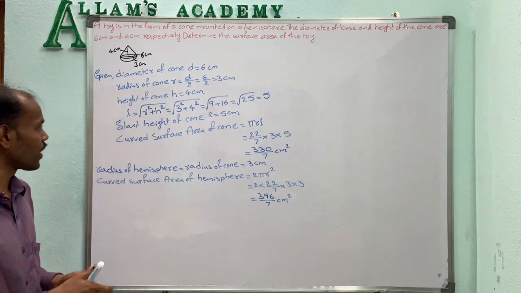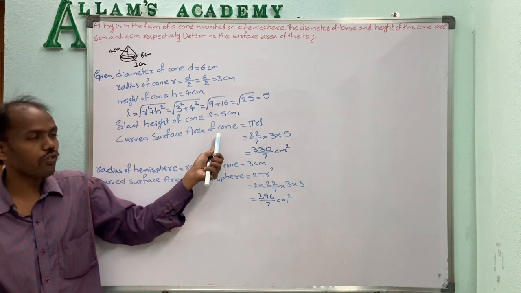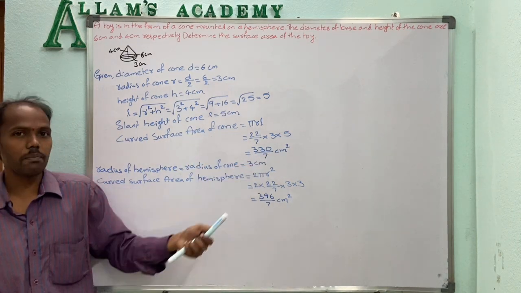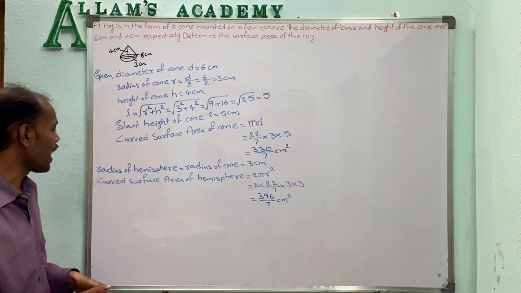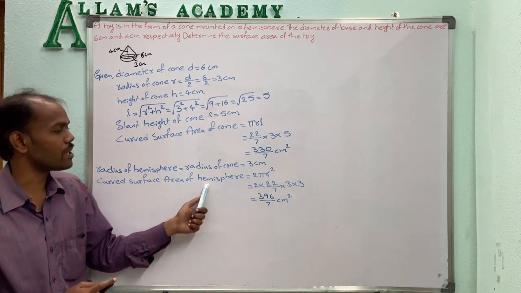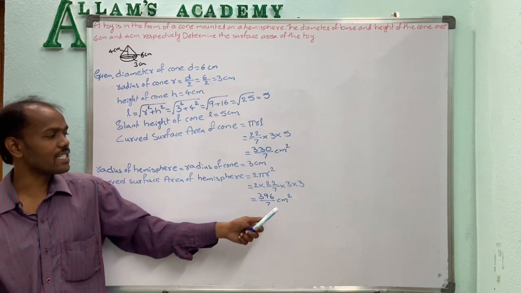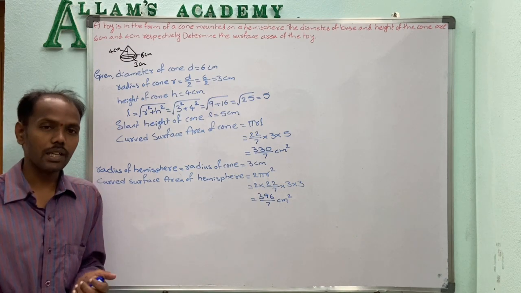So now we get the curved surface area of the cone as 330/7 cm² and the curved surface area of the hemisphere as 396/7 cm².